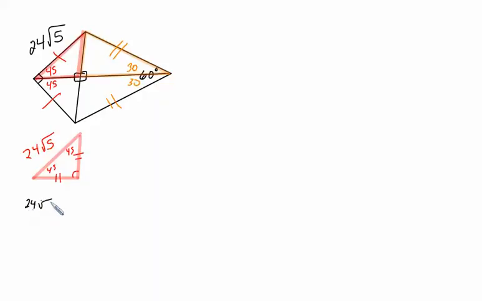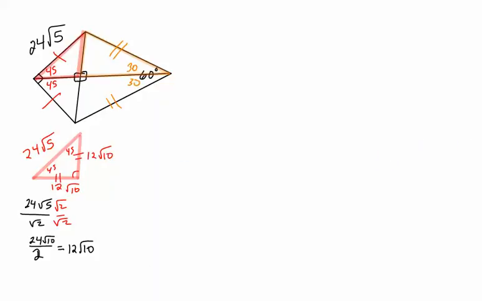So 24 radical 5 divided by radical 2. We need to get that radical 2 out of the denominator. We multiply by radical 2 over radical 2. And this is going to turn out to be 24 radical 10 all over 2, which is going to be 12 radical 10 for the length of each of the legs. So 12 square root of 10 and 12 square root of 10.